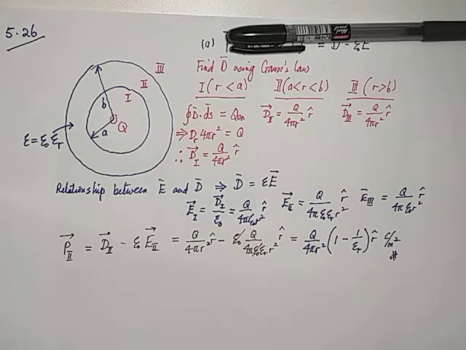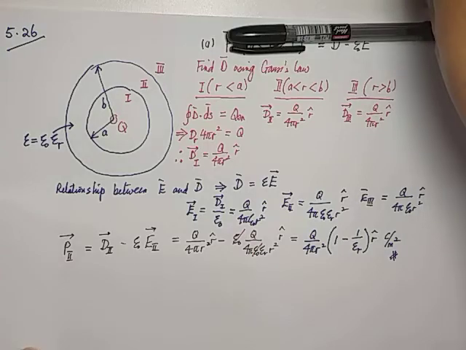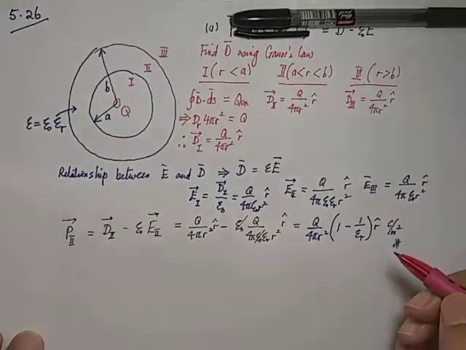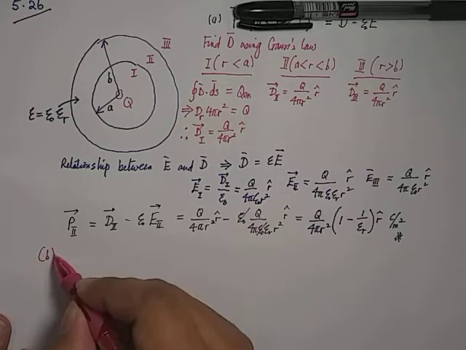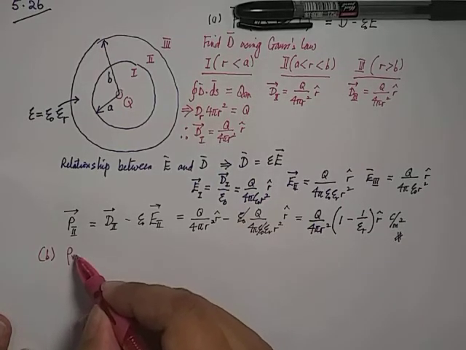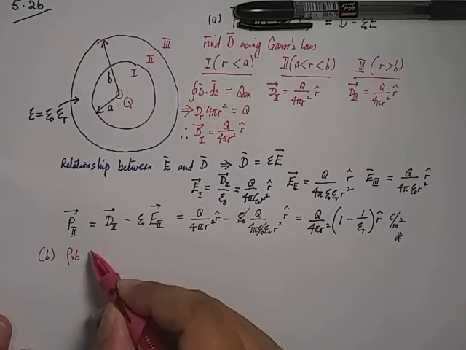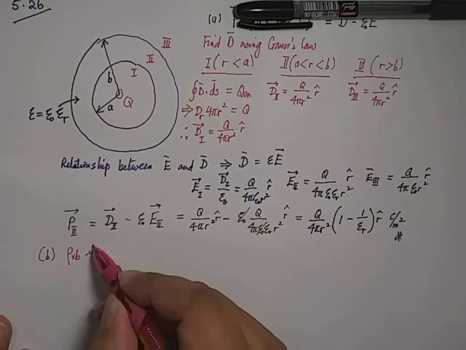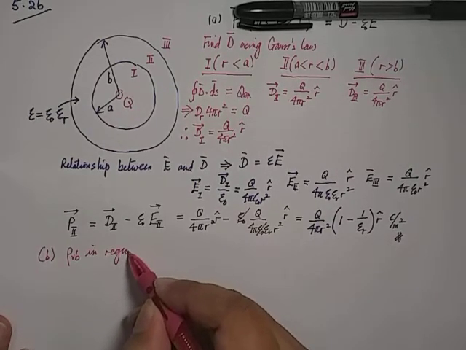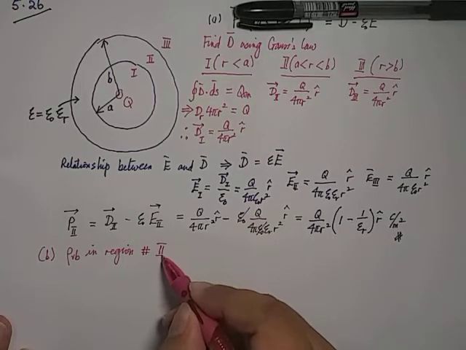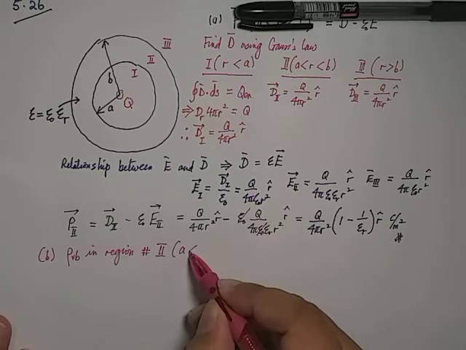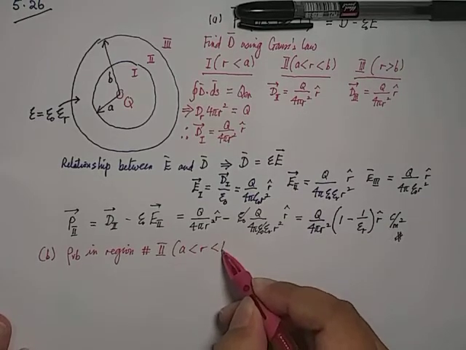Okay, that's done. So question number 2 said find rho VB. I'm going to rewrite what the B said. Number 2 said find rho VB in region number 2, where a is smaller than r, smaller than b.